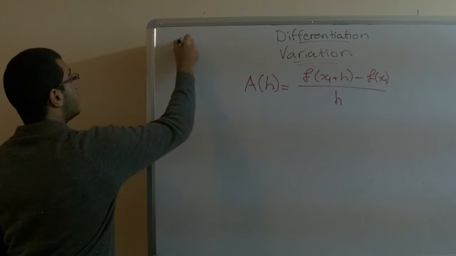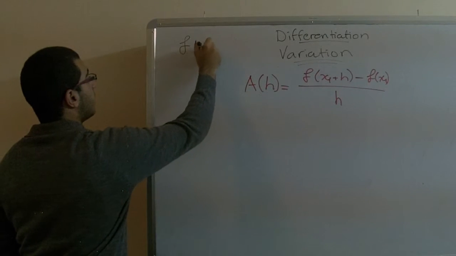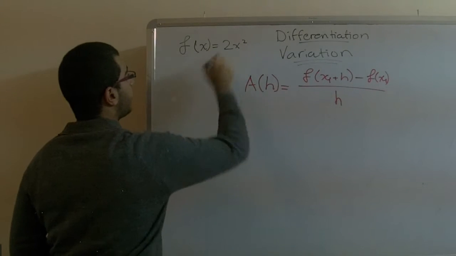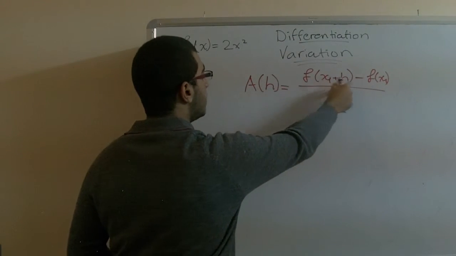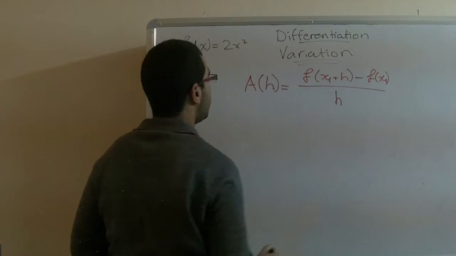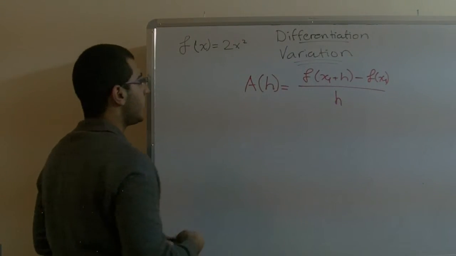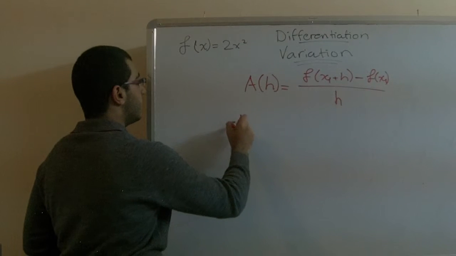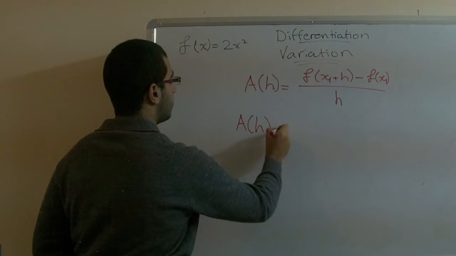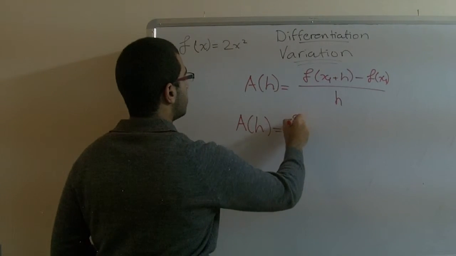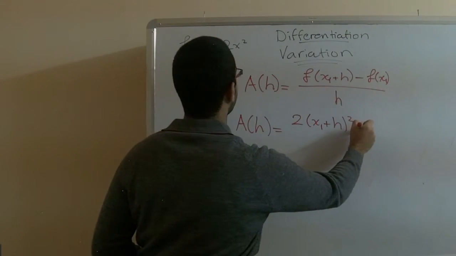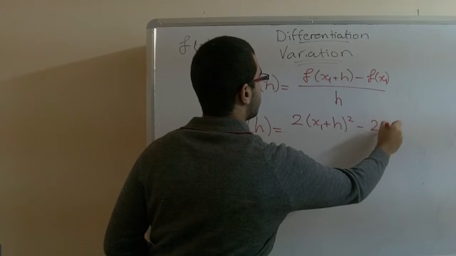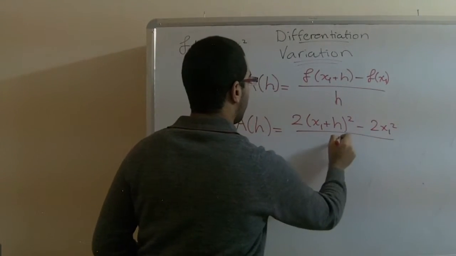As we have our function equal to 2x squared, we will substitute with x + h in the first function and with x in the second. So the average rate of change equals (2(x + h)² − 2x²) over h.